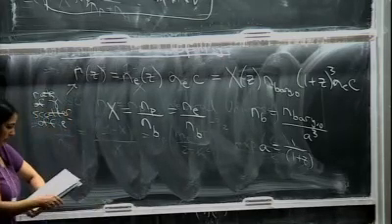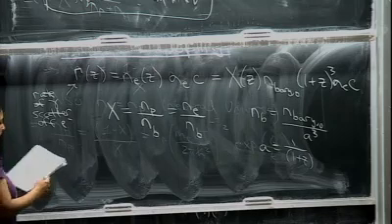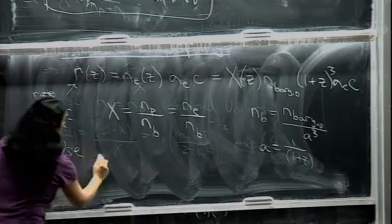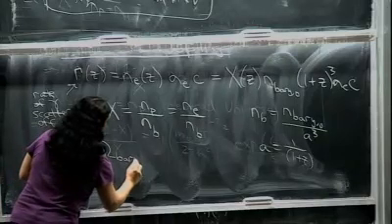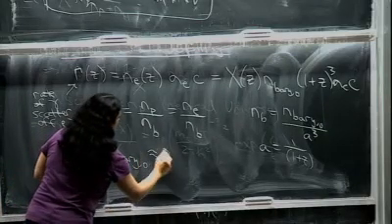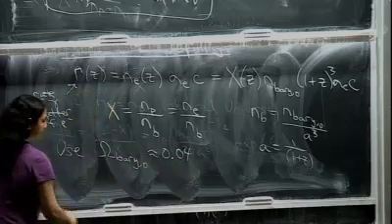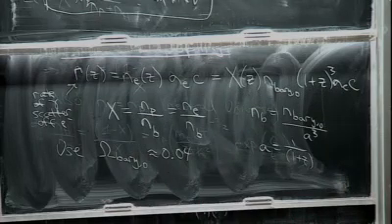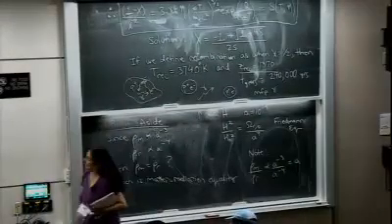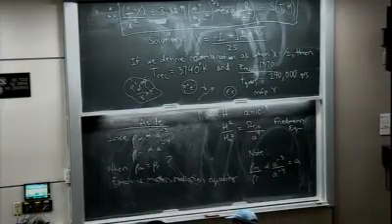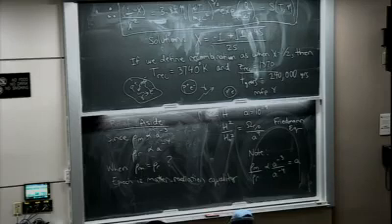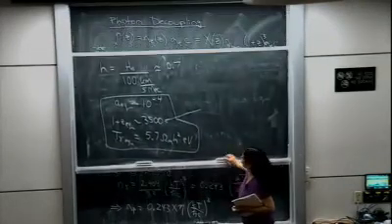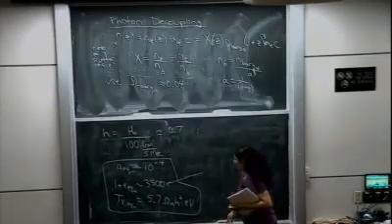Let me write on the bottom here. So we're going to use that omega baryon today is about 0.04, and we're going to calculate what the rate is. Let's do it over here.